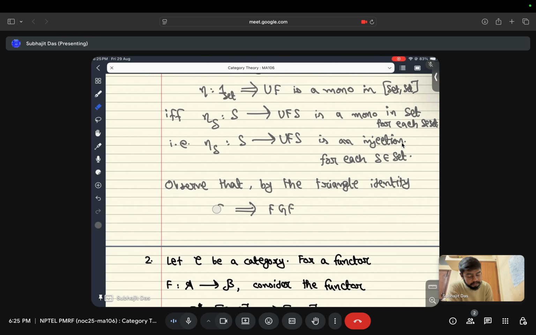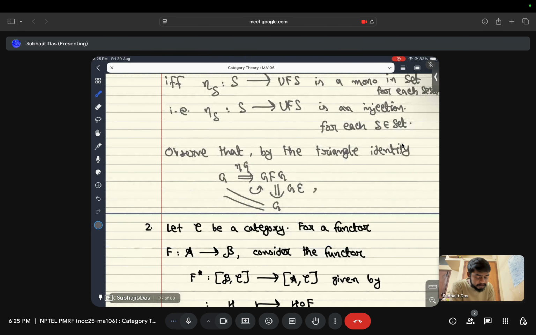sorry, not this one, this won't work. The other one, G to GFG, this is eta G, GFG to G, this is G epsilon, and this is identity, natural transformation from G to G. So observe that by this triangle identity, the identity basically says that G epsilon composed with eta G is 1G.